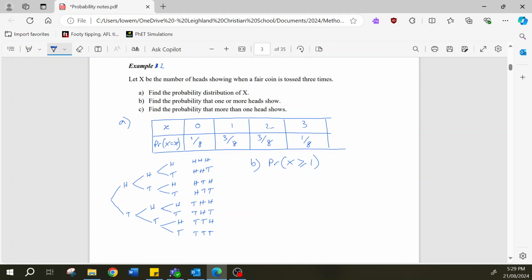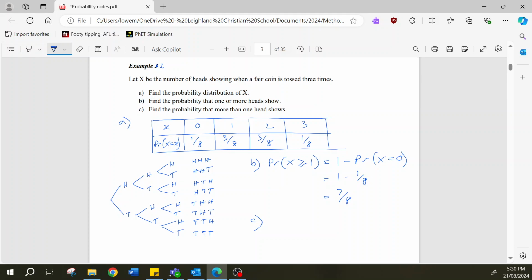We could add those 3 up together, or we could think, well, there's only one other, and all of these are going to add up to 1, so we could also think of that as 1 minus the probability that X is equal to 0, which is going to be 1 minus 1/8, which is 7/8.